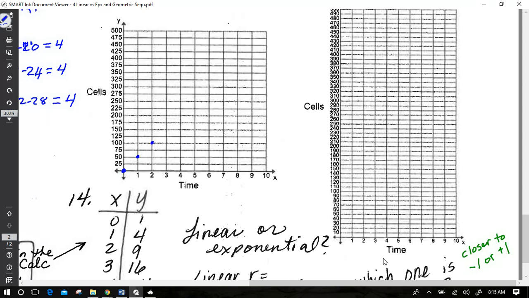Hour 3 was 150, 200, 250, 300. And you can see that this is forming a straight line all the way up to that 500 cells. So again, you can see in another format that this is linear.